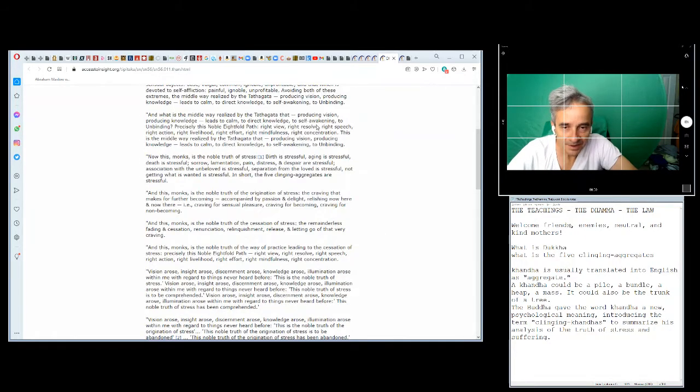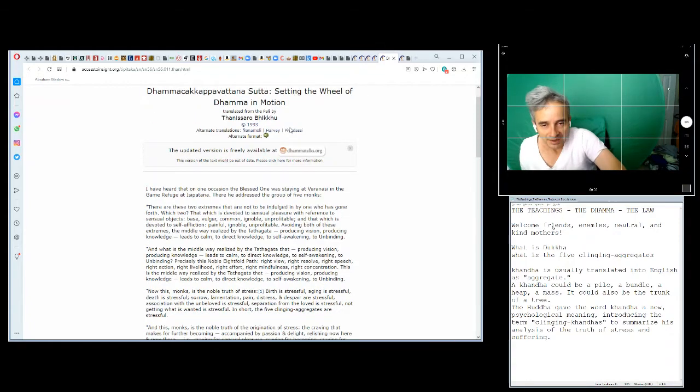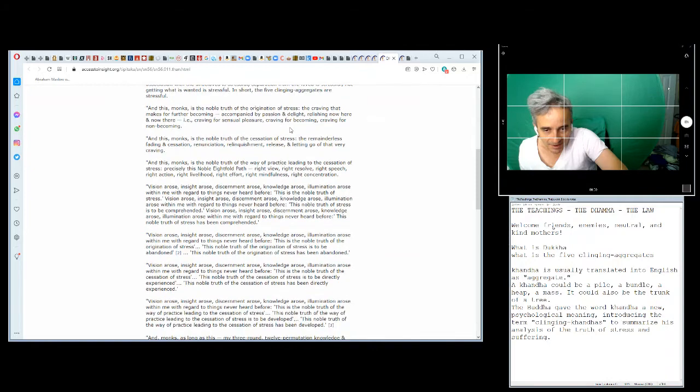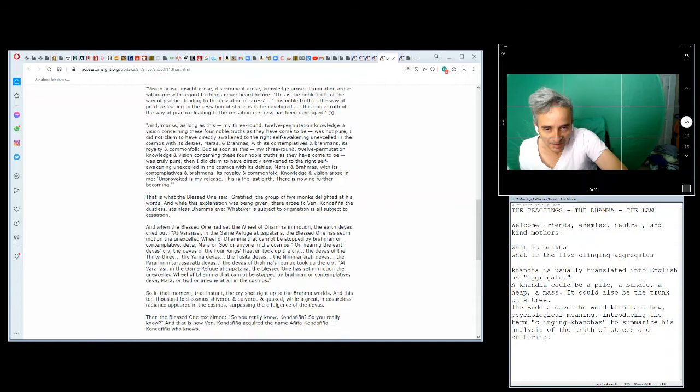This is pretty important. But it mentions the Four Noble Truths in here, but it doesn't go into detail. So this is at SN 56.11.